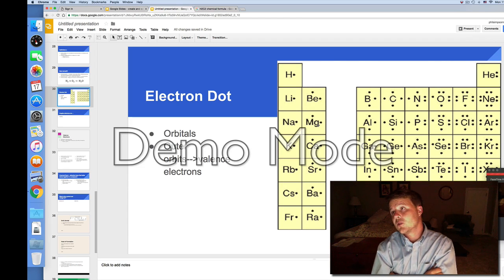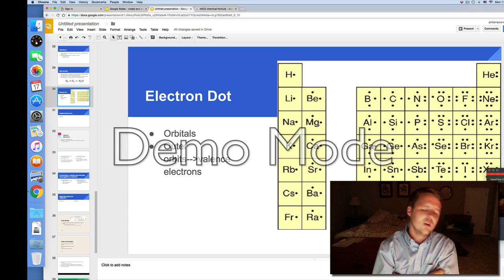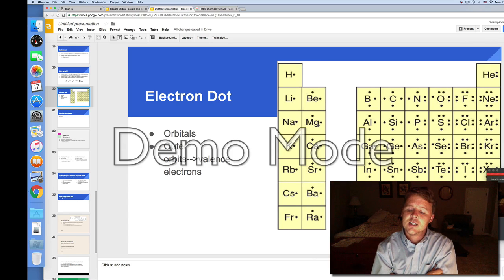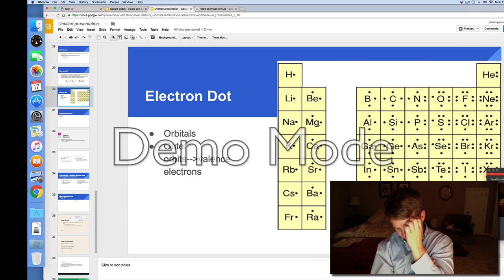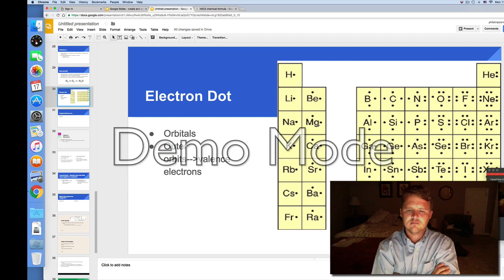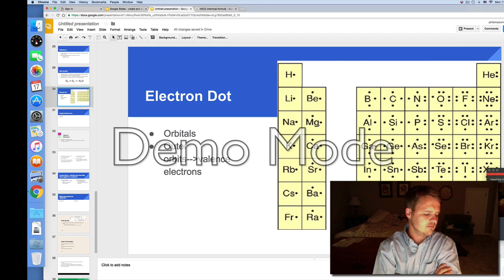If it loses those 2 electrons, it'll be 2 minus? Nope. 2 plus. It'd be magnesium 2 plus.